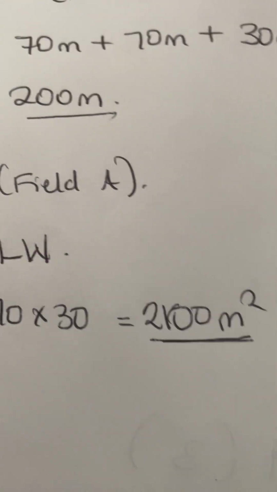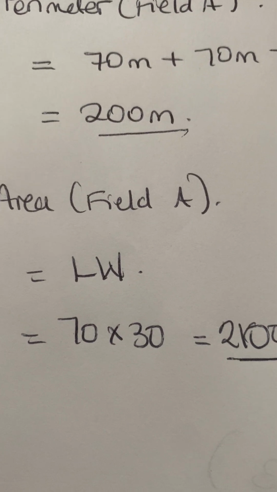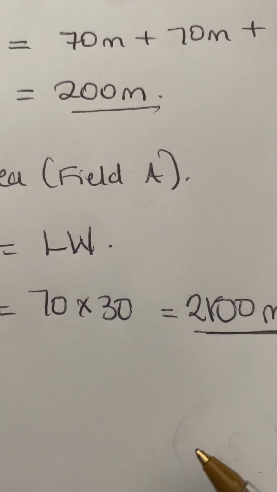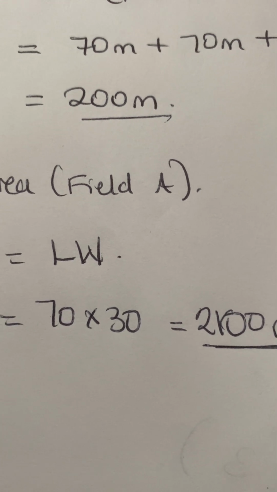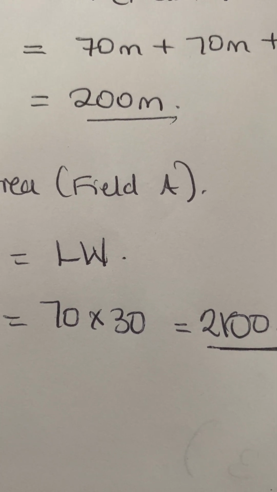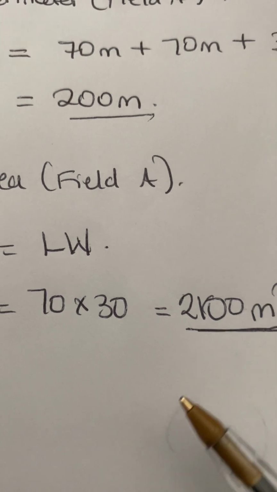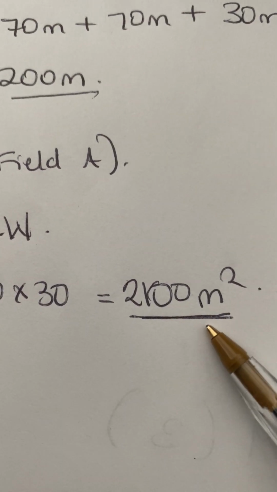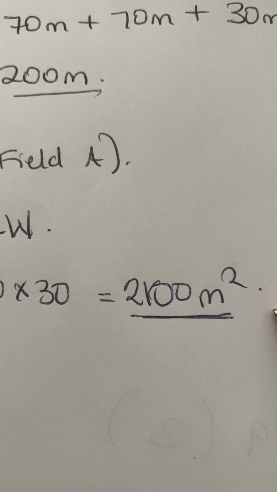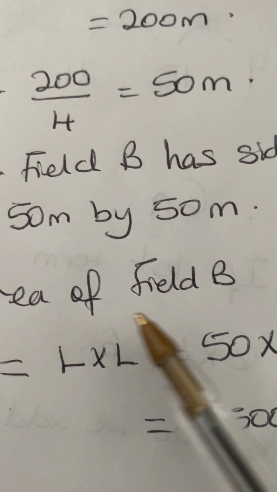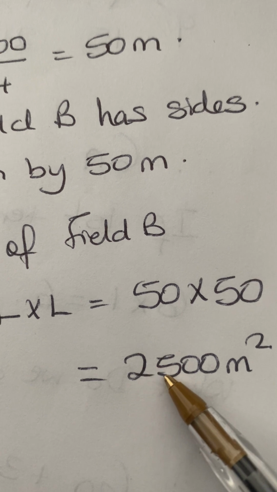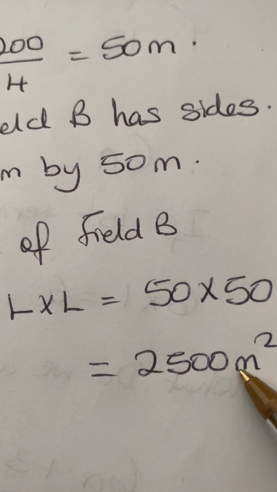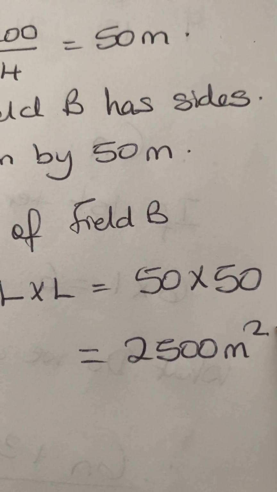So now we've established that field A and field B have the same perimeter, but the area of field A is 2100 meters squared and the area of field B is 2500 meters squared.